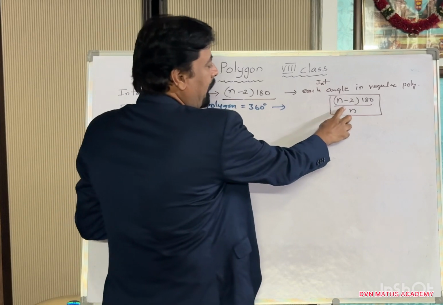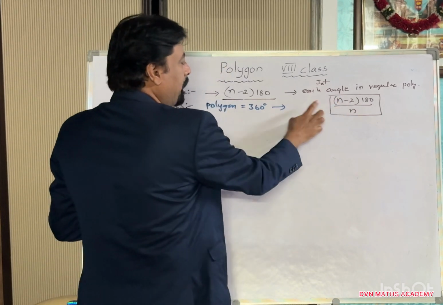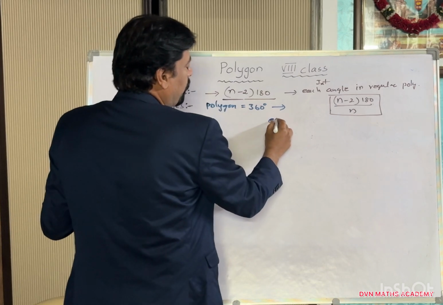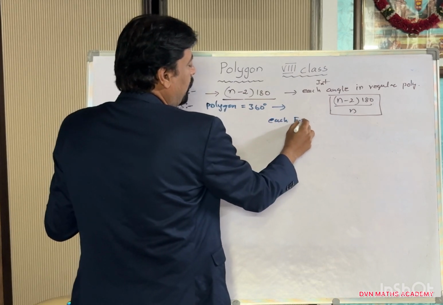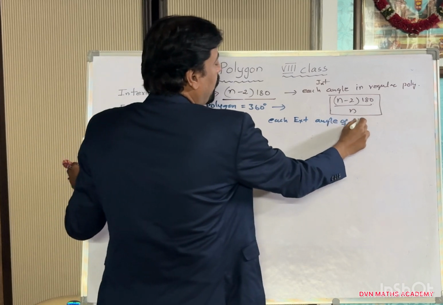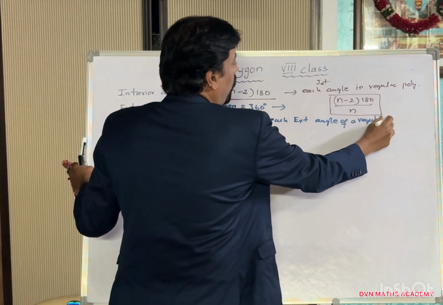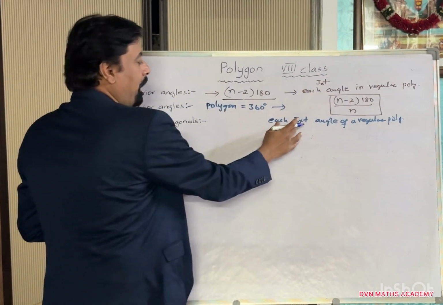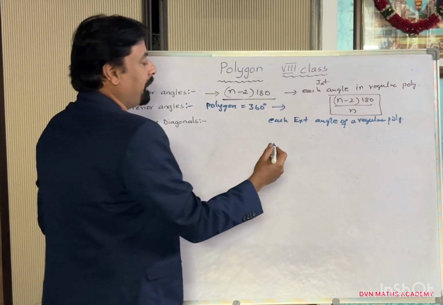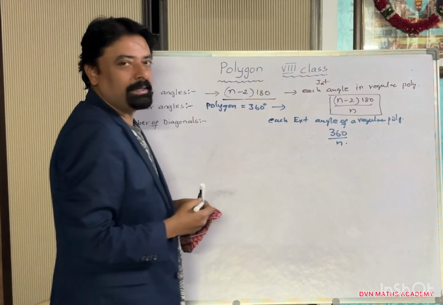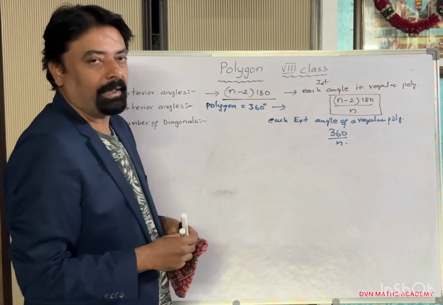This is each interior angle of a regular polygon, but here I want to tell you what is each exterior angle of a regular polygon. Here I am going to tell you what each exterior angle means. This is very simple, 360 by n. So this is each exterior angle of a regular polygon.